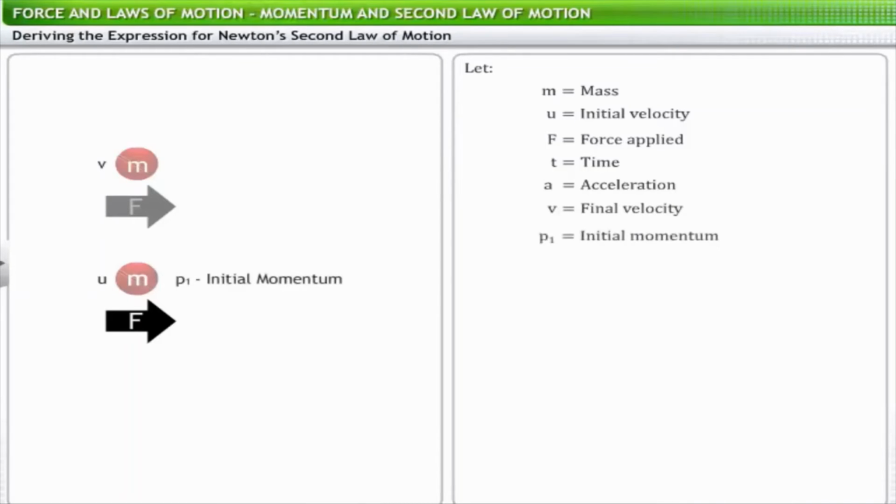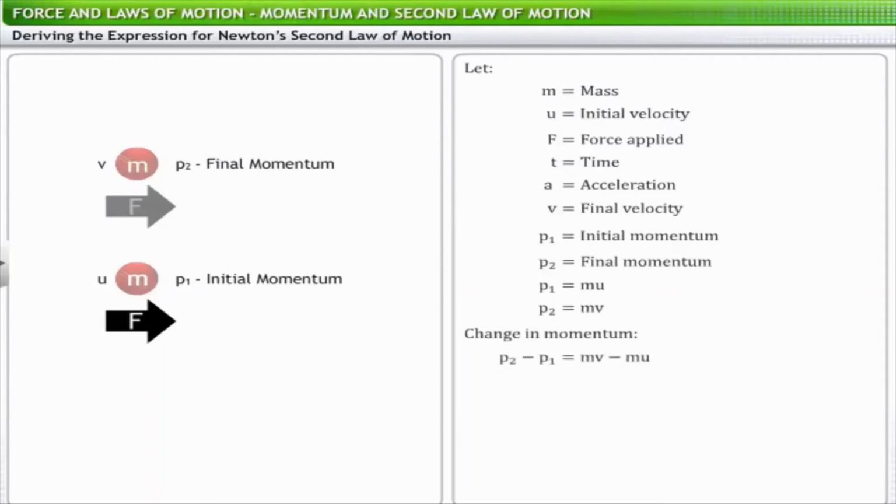Let p1 be the initial momentum and p2 be the final momentum of the ball. By the definition of momentum, p1 is equal to mu. p2 is equal to mv. Hence, the change in momentum is p2 minus p1 is equal to mv minus mu, or m multiplied by (v minus u).